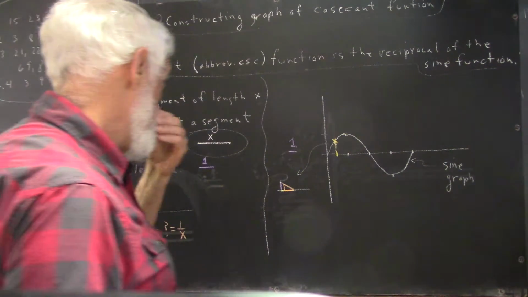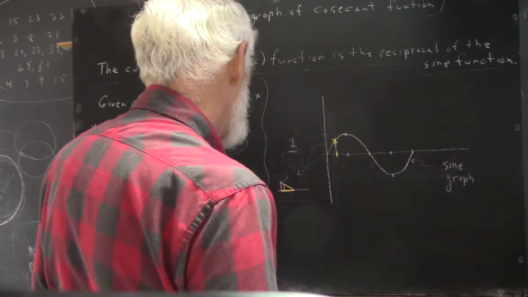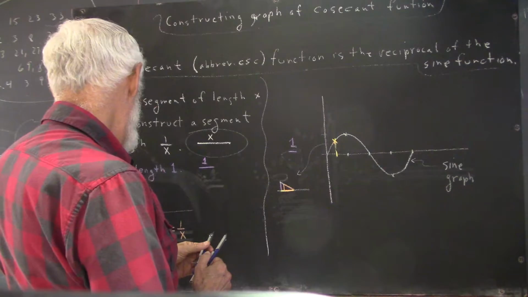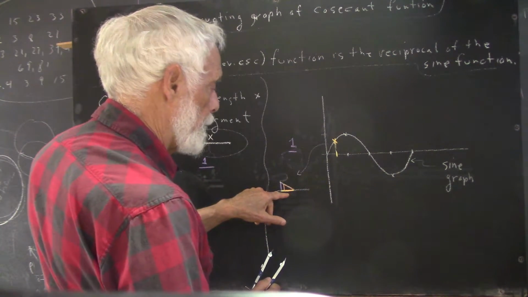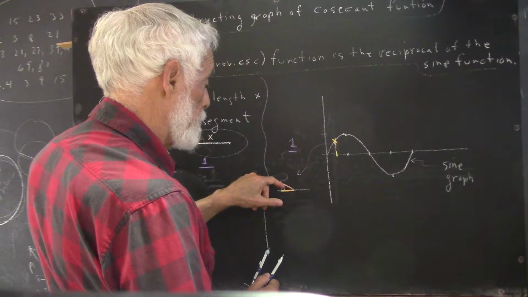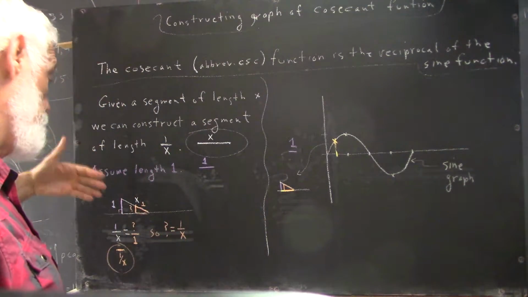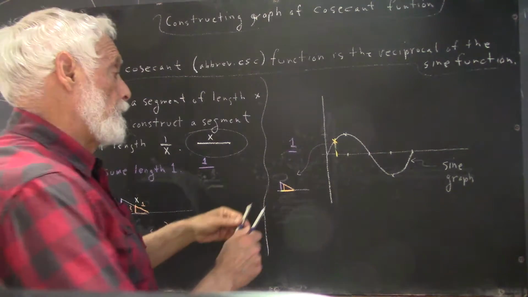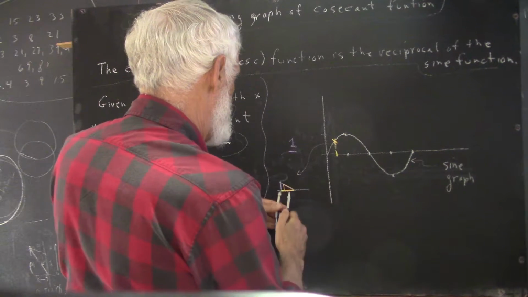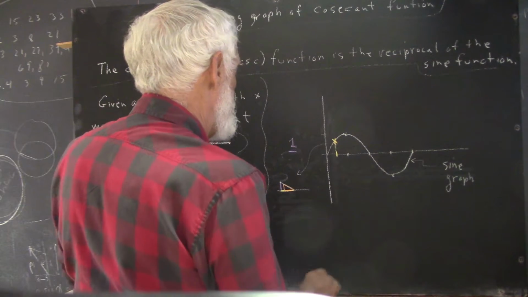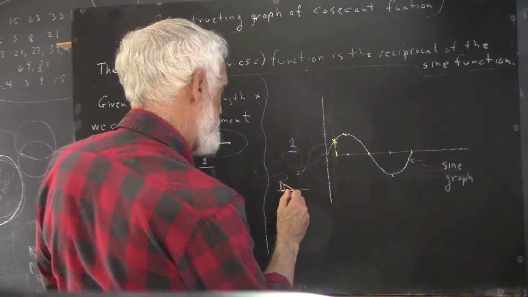Now, we want to take the reciprocal, so we have to put a leg of unit length here, and the reciprocal is going to be here, by reasoning almost identical, actually identical, to the reasoning we used here. So I want to take our unit length and put it here along the horizontal leg.